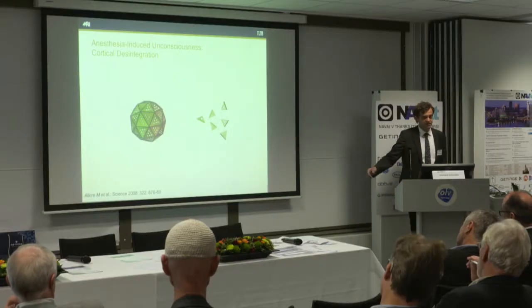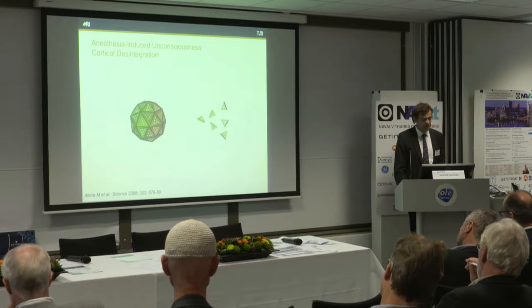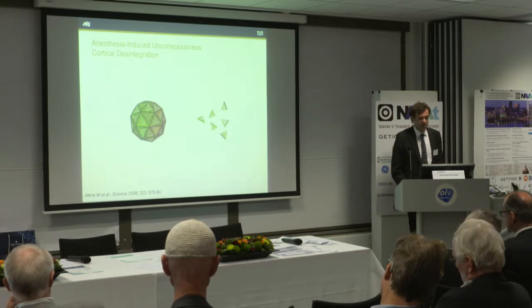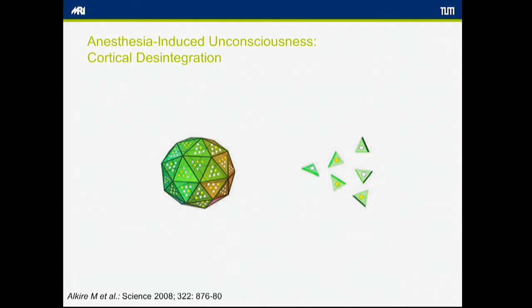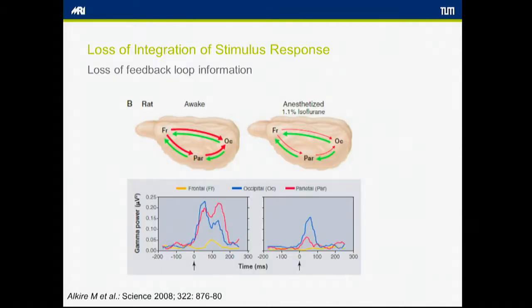And I'm sure all of you are aware of the overview article in Science about anesthesia-induced unconsciousness and the theory of cortical disintegration. And I want to go quickly through it. It has been shown that with the applied stimulus, there is a specific pathway of information over the cortex.